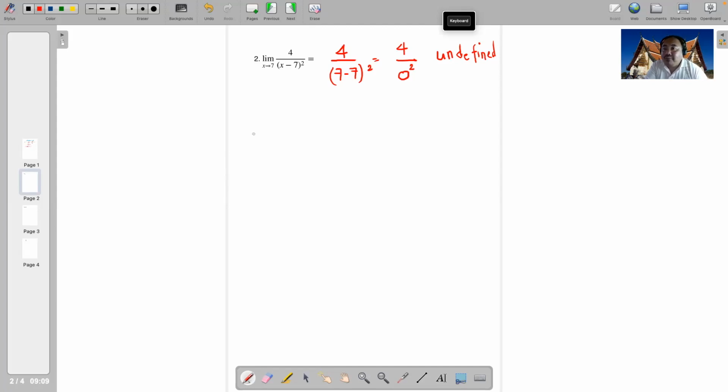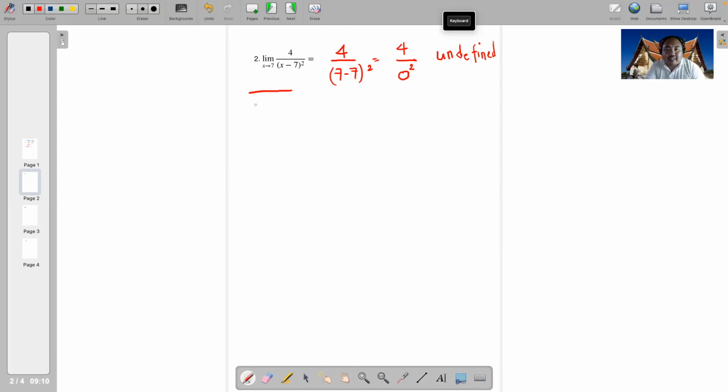So for now, we don't have any idea how this function behaves. But what we can do is, do you remember earlier, sir, we can actually investigate the behavior of a function at exactly a certain x equals a if we check the left and the right hand limits, correct?